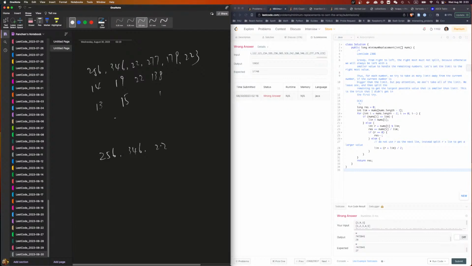So we take 22, we split it 15 times, 14 times, right? We split 14 times, then we have a 38 left.